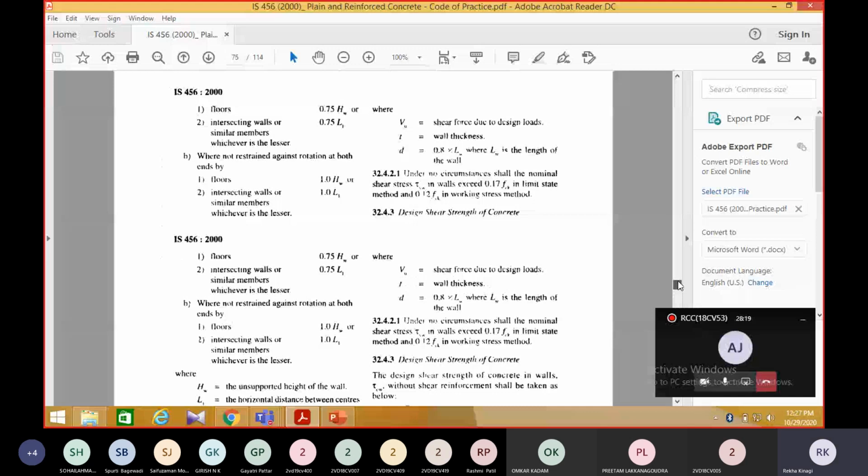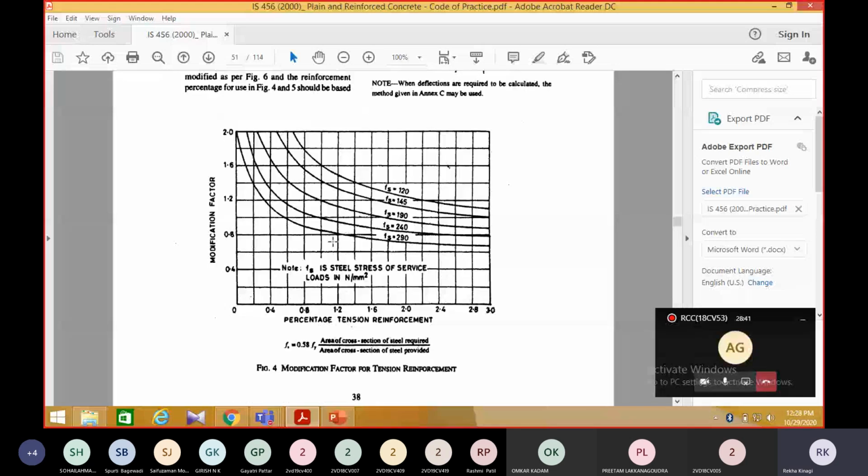From figure 4, we can get the value of KT. In order to calculate the value of KT, we should know the percentage of tension reinforcement and we should know the value of Fs. So in order to calculate Fs, we are using the equation 0.58 Fy into area of cross section of steel required divided by area of cross section of steel provided.